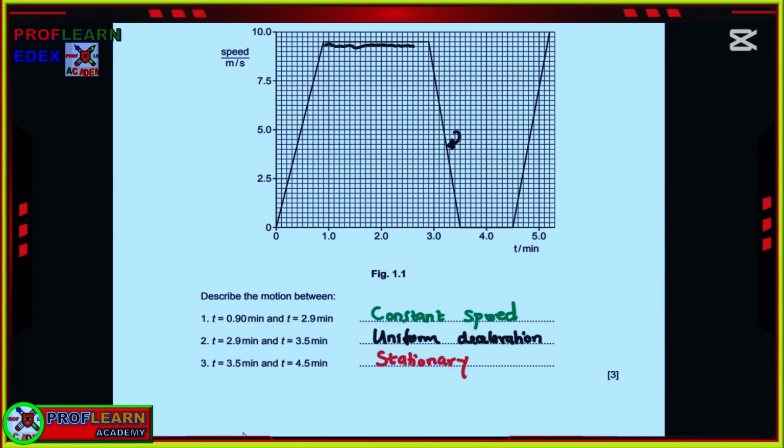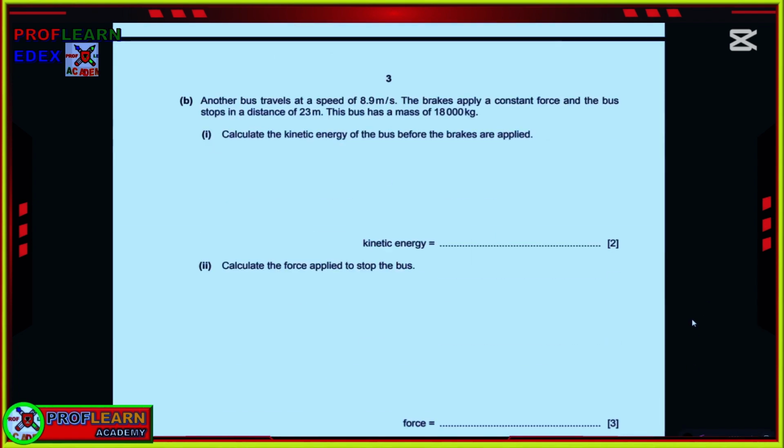We need to also look at a section where you are supposed to work out the kinetic energy. We are told that another bus travels at a speed of 8.9 meters per second, and the brakes apply a constant force, and the bus stops over a distance of 23 meters. This bus has a mass of 18,000 kilograms.